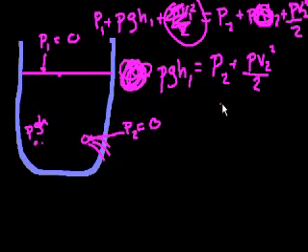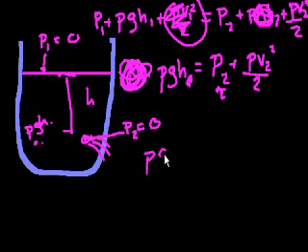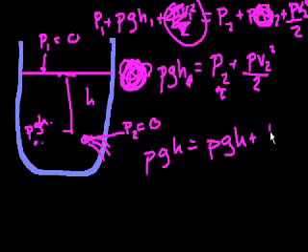And so the question is, what is the pressure here? And I said, well, this pressure is 0 because we have a vacuum here. If I were to say that the pressure at this hole is equal to rho GH, where this is H, then I would have the situation where rho GH is equal to rho GH plus rho V squared over 2.